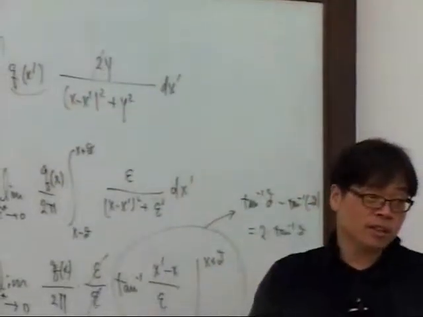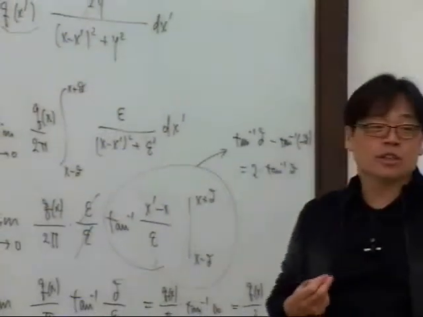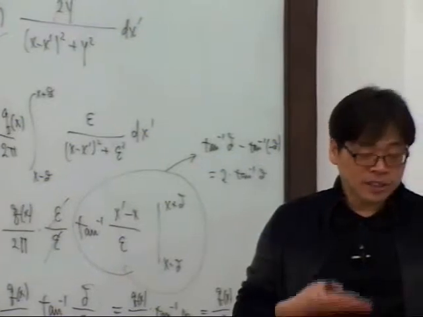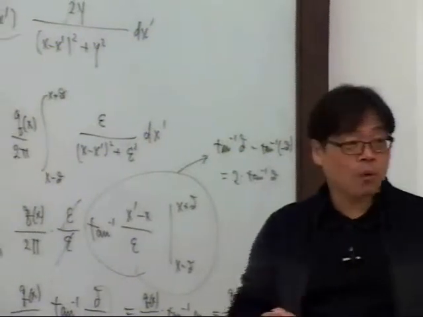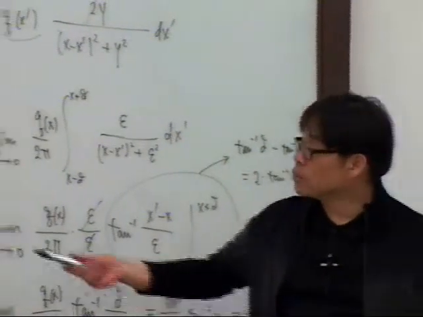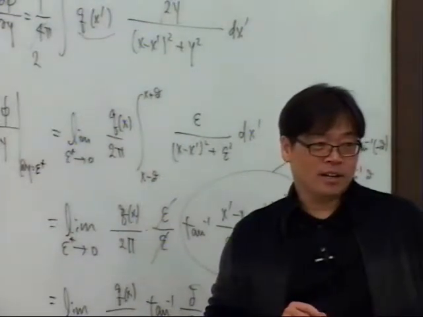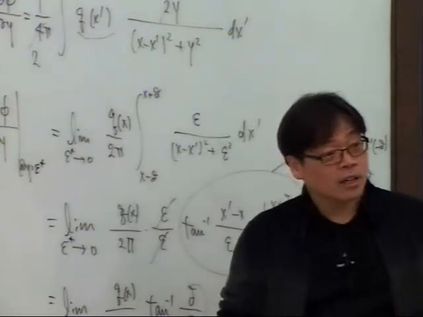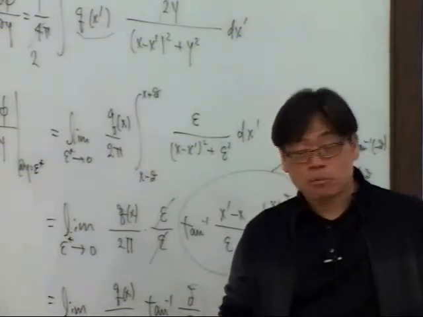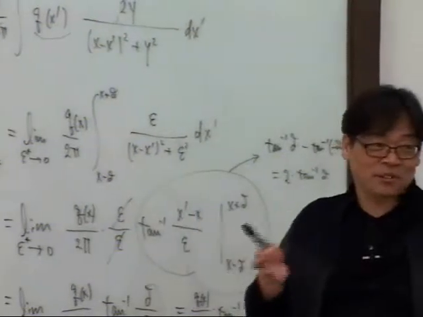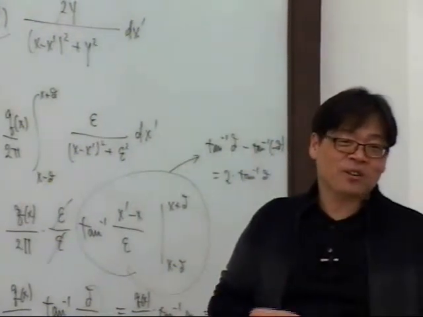That's the only limitation or restriction on delta. Under that restriction, I can choose whatever I want. But I have to impose the boundary condition at r equal to 0. That's why I take the limit. Because I have a 0 there, that's why I take a limit. If I don't have that, then I don't have to take a limit. But I have to take the right limit.